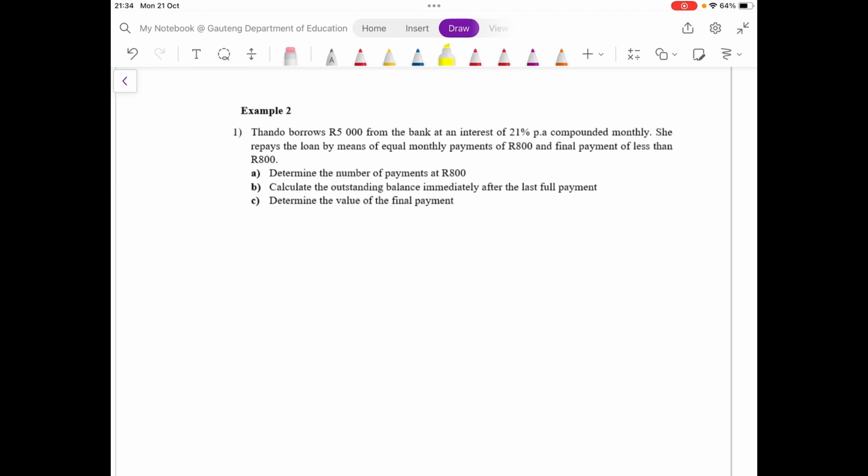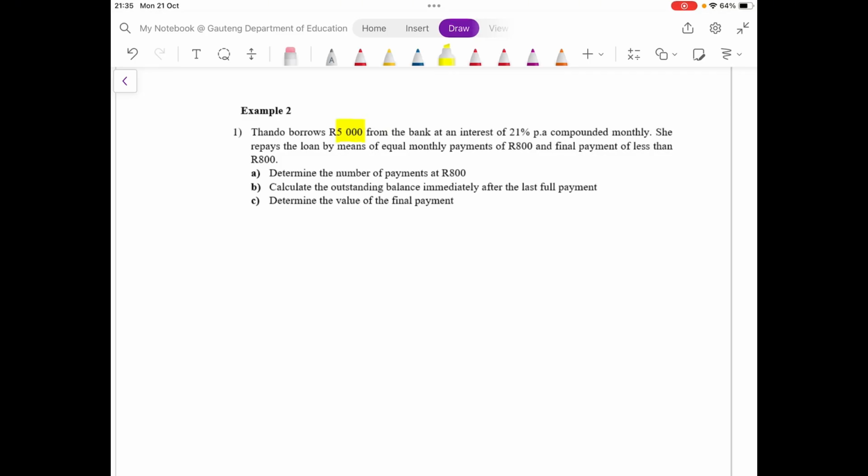Example number 2. Tando borrows 5,000 from the bank.